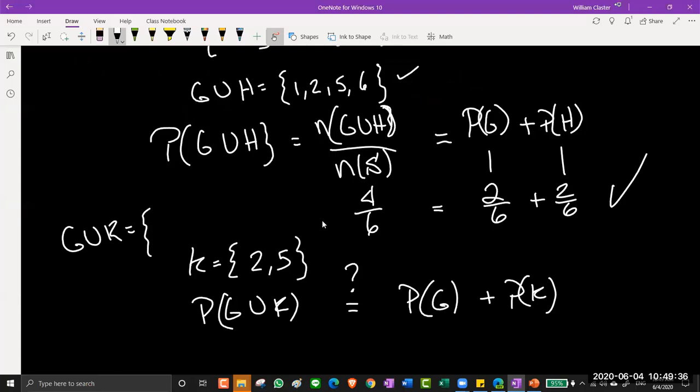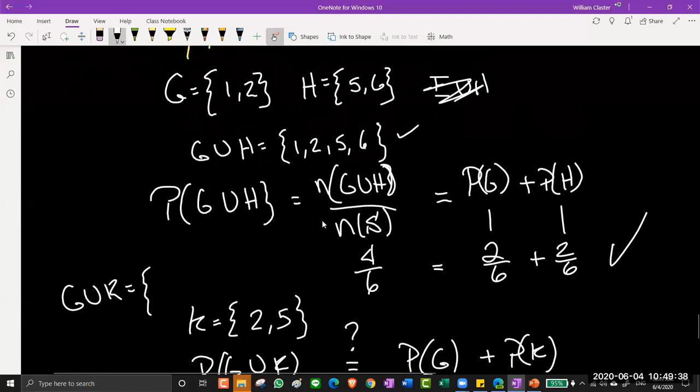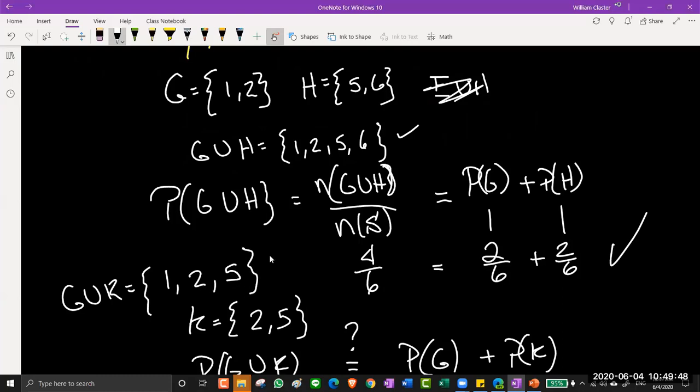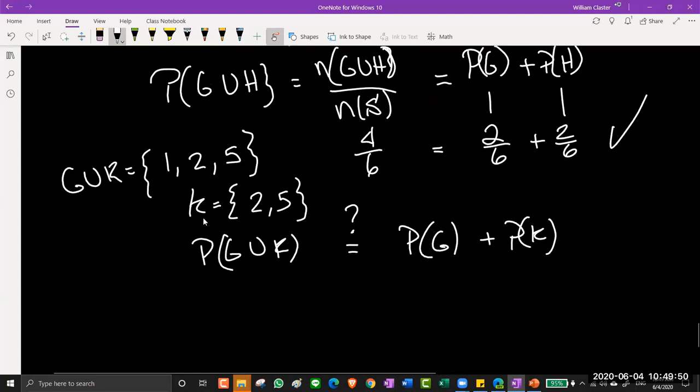G was 1, 2, and K is 2, 5. So G union K is 1, 2, 5. So the probability of G union K is what?